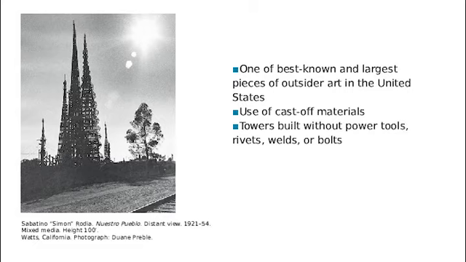So let's look at a piece of, quote, outsider art. This is one of the best known and largest pieces of outsider art in the United States. It's very impressive. This is Nuestro Pueblo by Sabatino Simon Rodia.